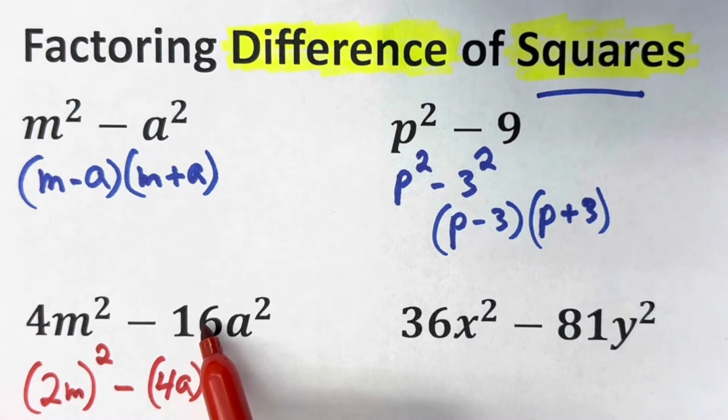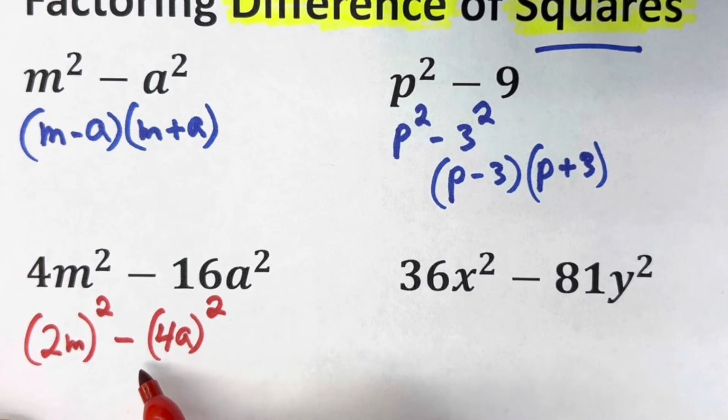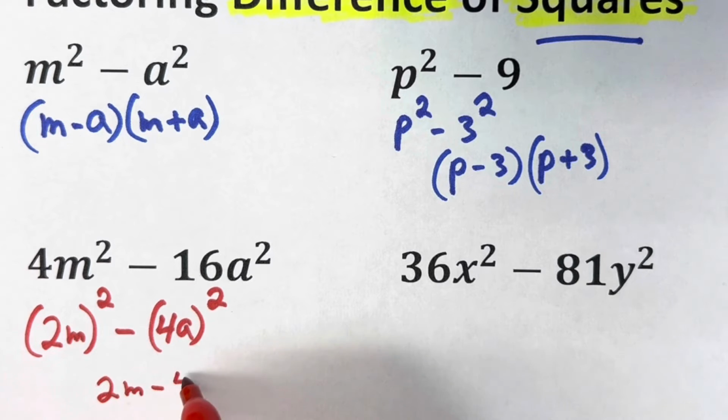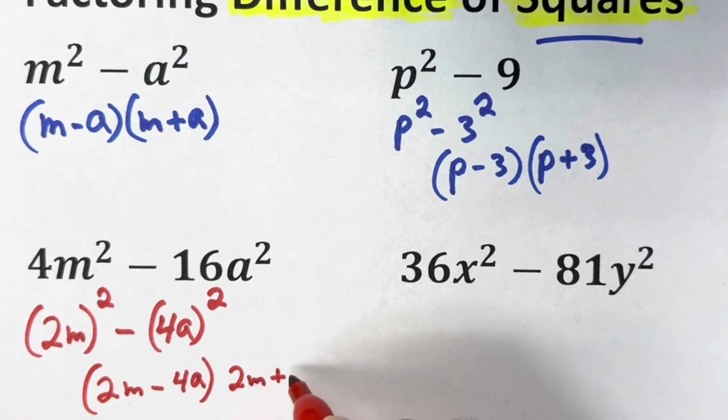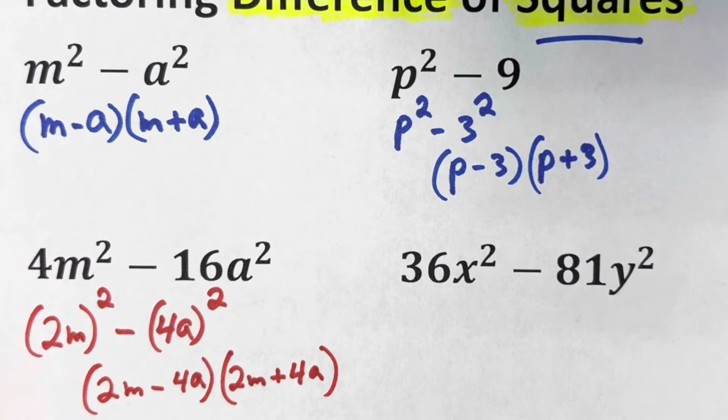See that the 16 is 4 squared, so I put the 4 with the a, and now the square affects the whole term. After I do this, now I'm ready to do 2m minus 4a times 2m plus 4a. Okay, that's it, done.